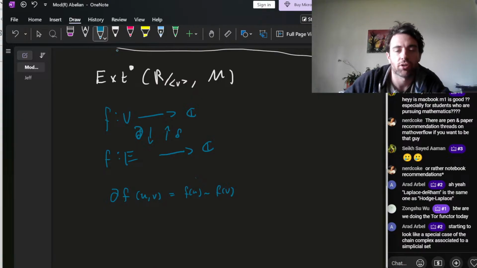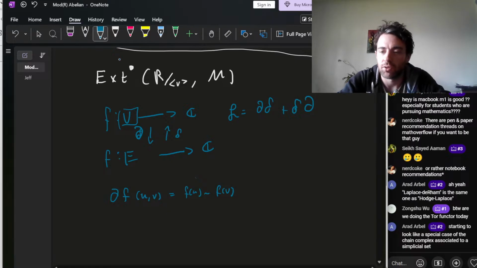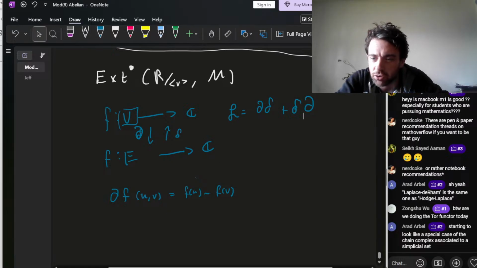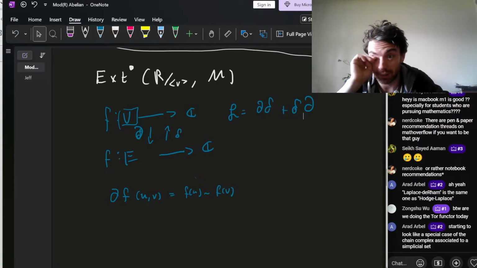And then the Laplacian matrix is, if you look at the basis of the indicator functions on each of the vertices, exactly the de Rham Laplacian. Starting to look like a special case of the chain complex associated to a simplicial set. Oh, that is the most highbrow way to say it. I mean, it kind of is, right?